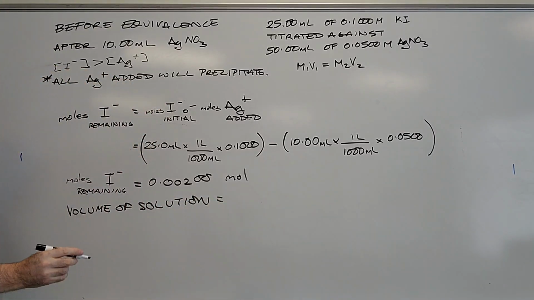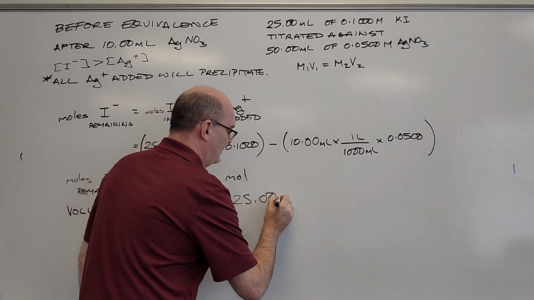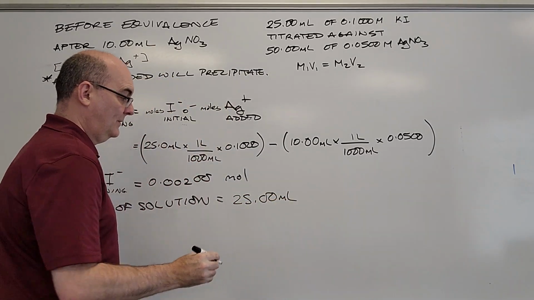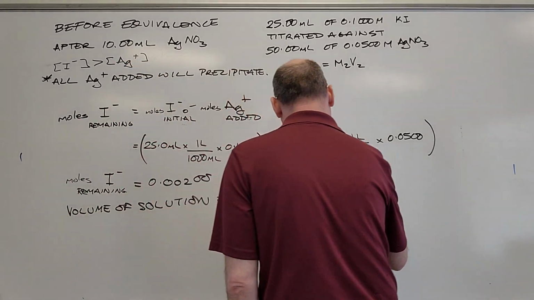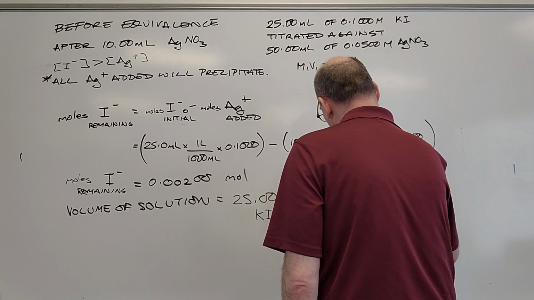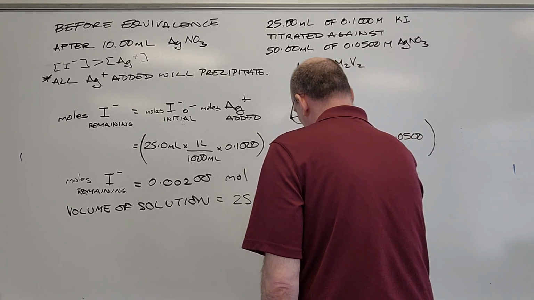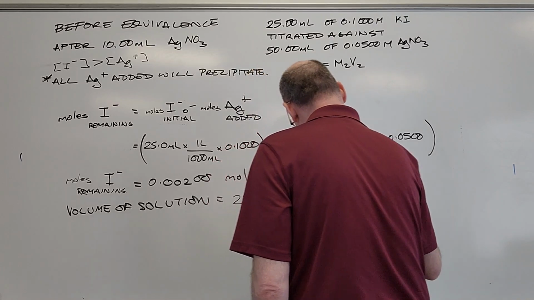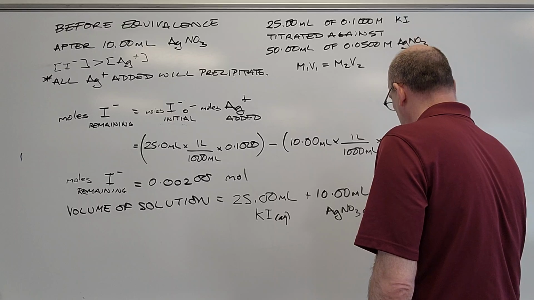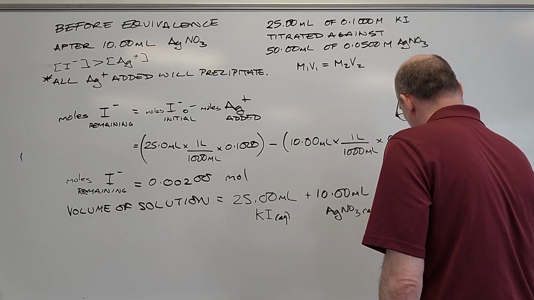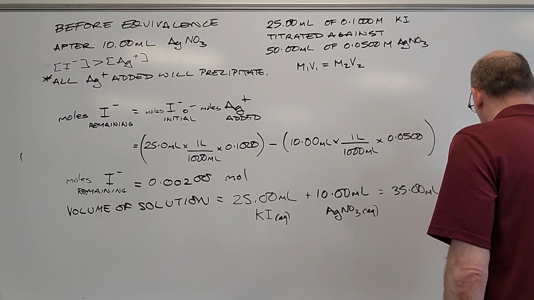The volume of the solution is the 25 milliliters that we started with, that came from the potassium iodide, and then an additional 10 milliliters that came from the silver nitrate. Okay, so that is 35 milliliters, which is 0.035 liters.